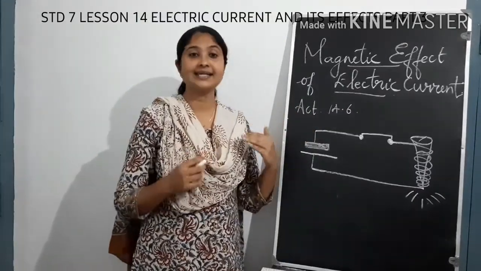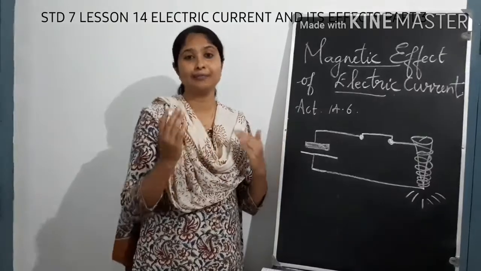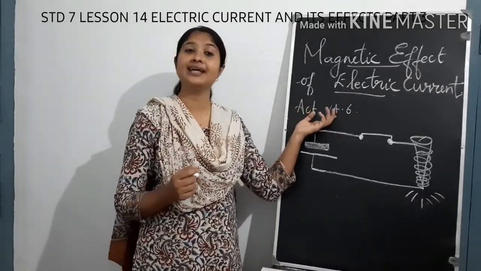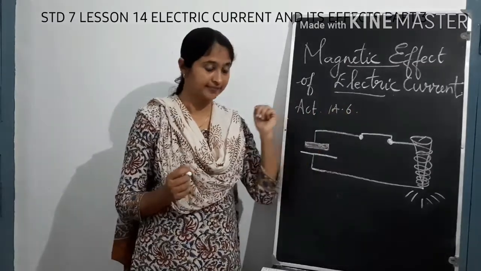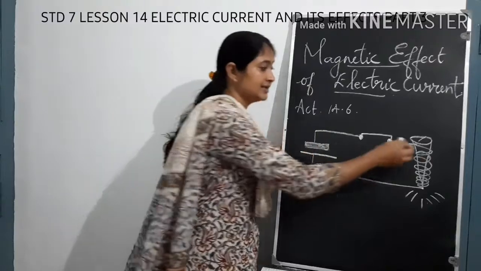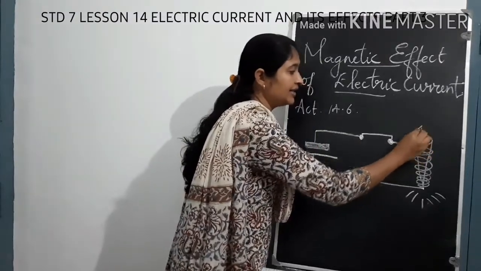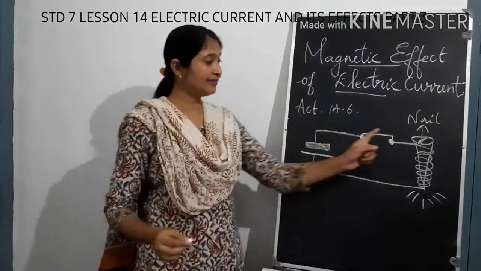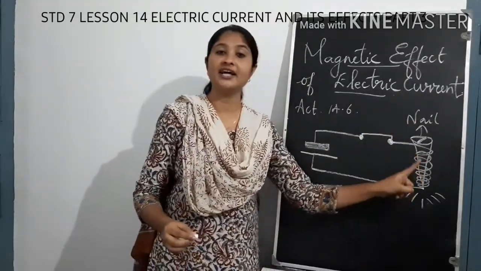That is, electric current can be used to make magnets. So I'll be explaining the activity 14.6. Now, you have to take an iron nail. This is an iron nail, and you have to wound the wire around it.